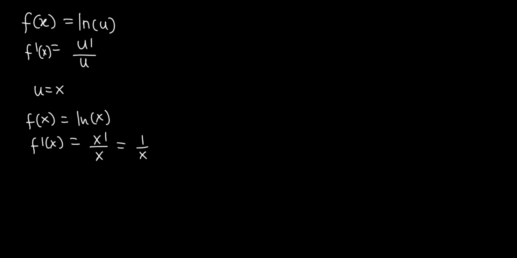Let's look at another example here where you have f of x equal to ln of sine x. So let's find the derivative of this function also. That will be f prime of x equal to u prime over u.